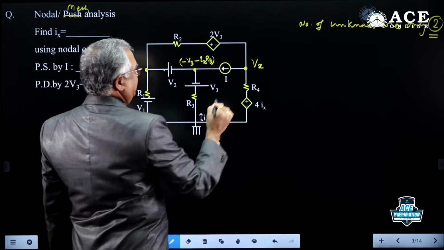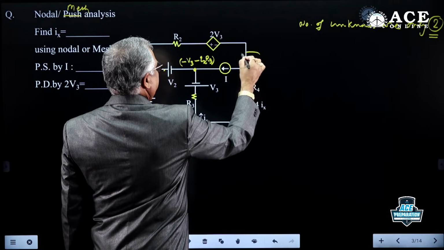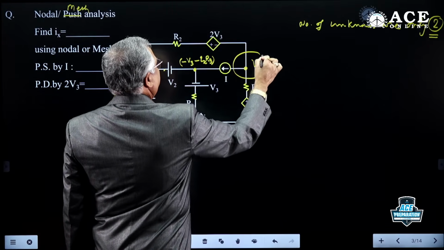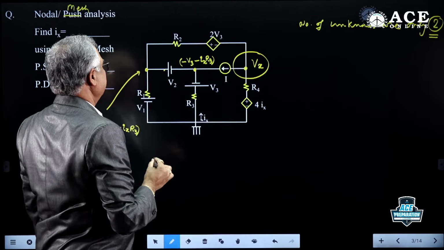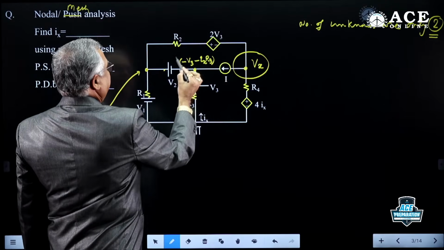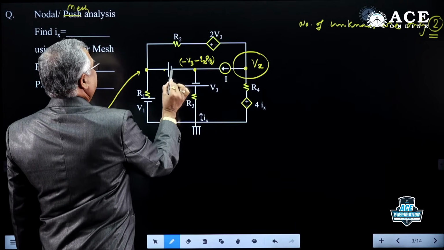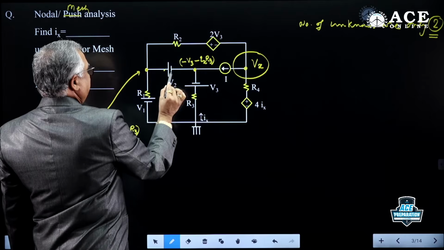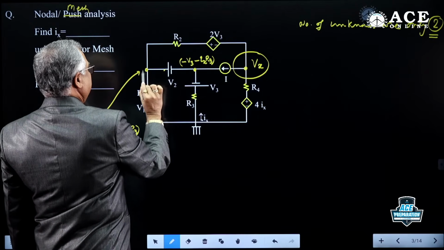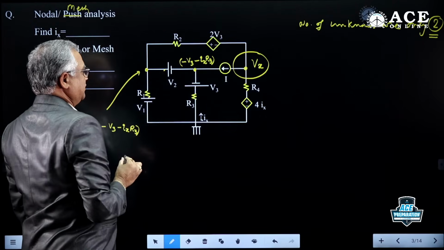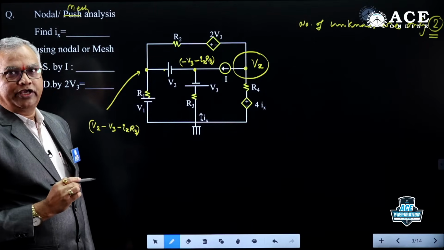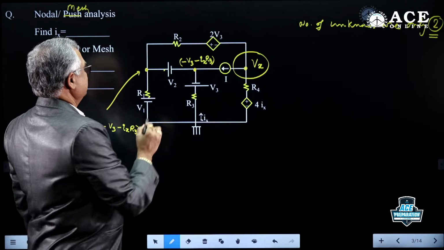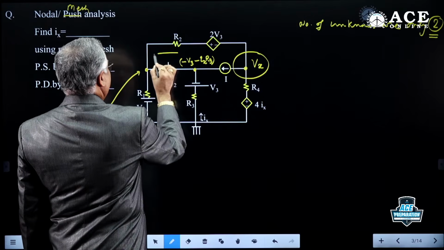Then where you can write, how you can write. One equation is here. One equation is here. And we can't write the equation here because of only voltage source. If there is only voltage source between two principal nodes, compulsorily we should go for a super node. So this will form one super node.